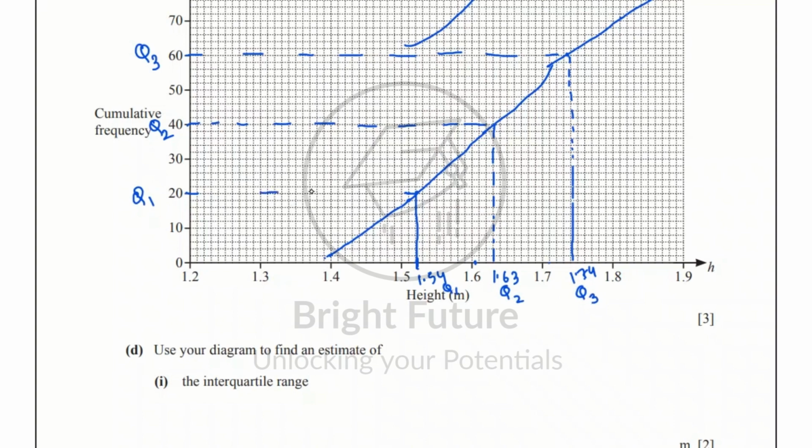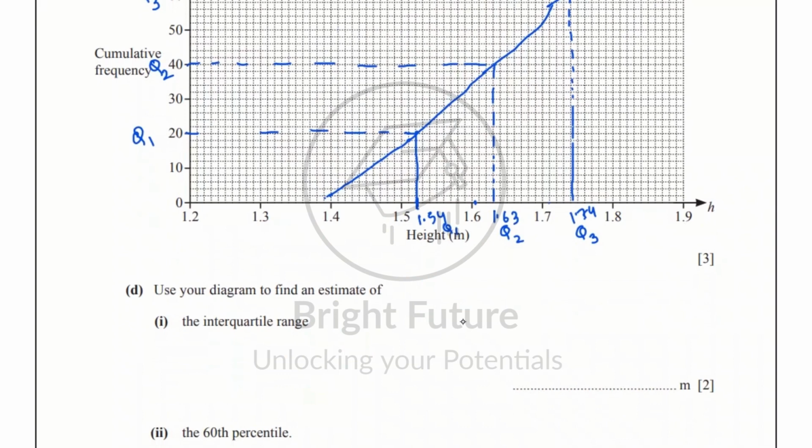Corresponding values. Okay, so the interquartile range, that is IQR, is 1.74 minus 1.54, which gives me 0.20.